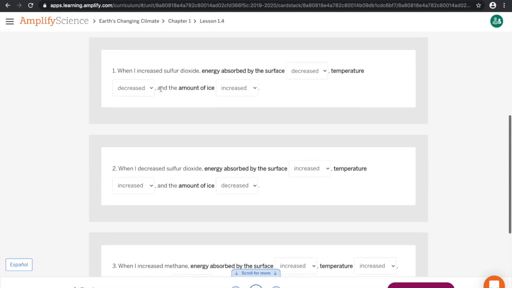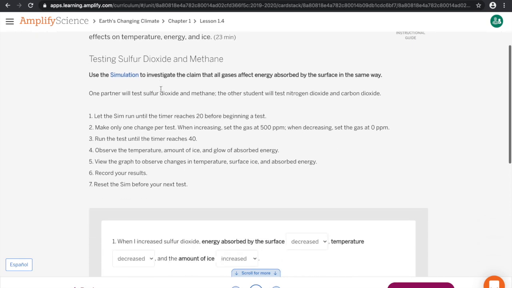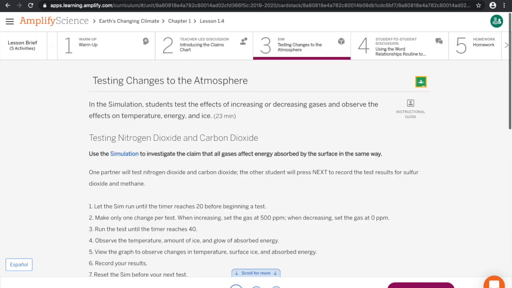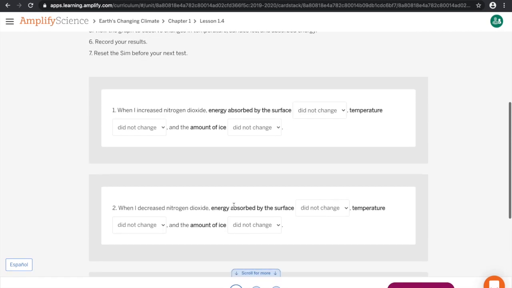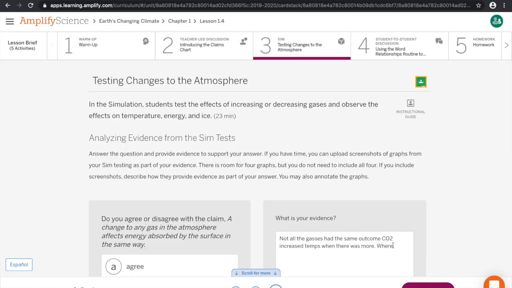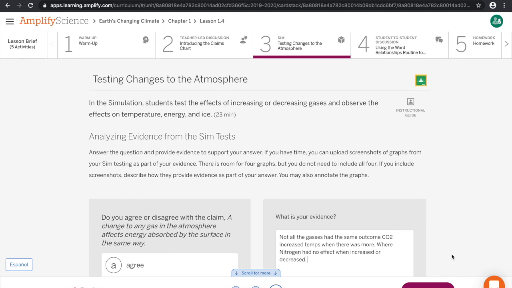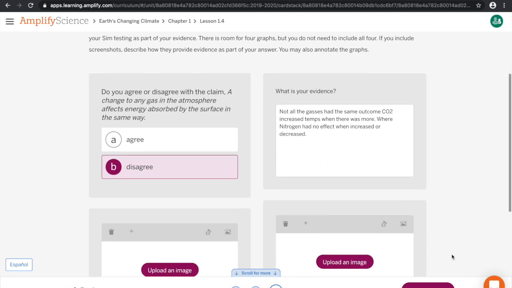But let's take a look at our first set of data, where nitrogen had no effect when increased or decreased. So right away, we know that this claim can't be true because every gas is going to have a different result.